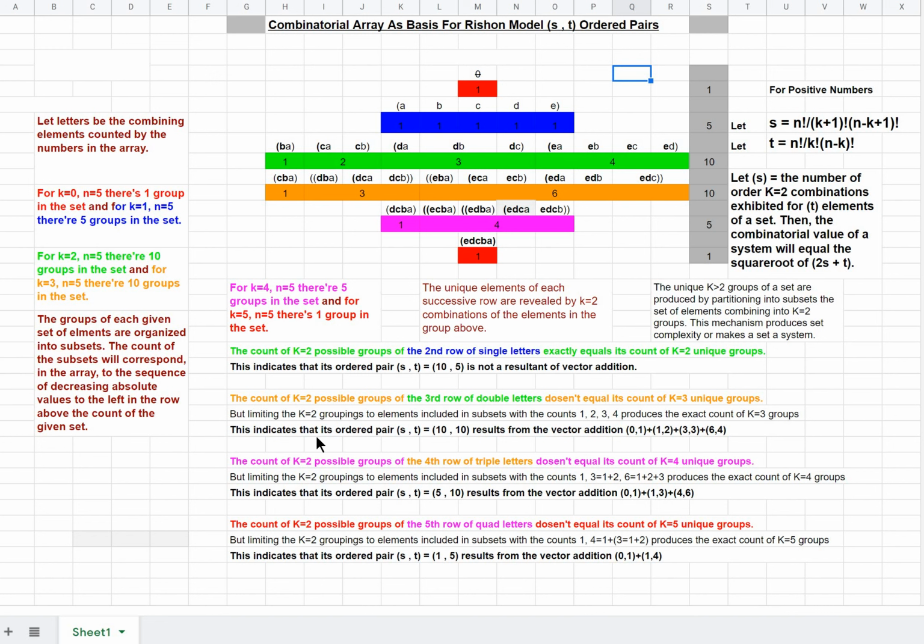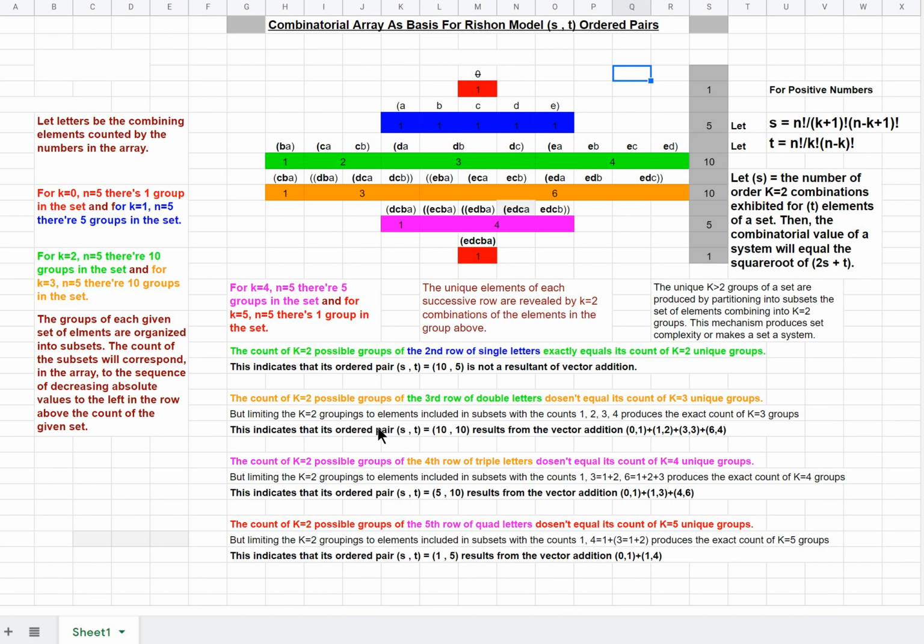And therefore, this indicates that its ordered pair, S and T, equal 10 for S and 10 for T, results from the vector addition of these ordered pairs: 0, 1, 1 for the 2 elements, 3, 3, and 6, unique order 3 for the 4.